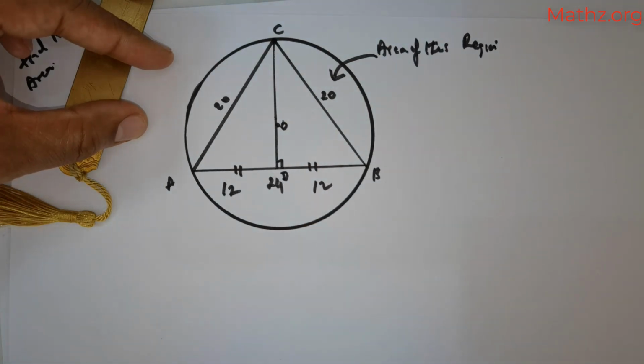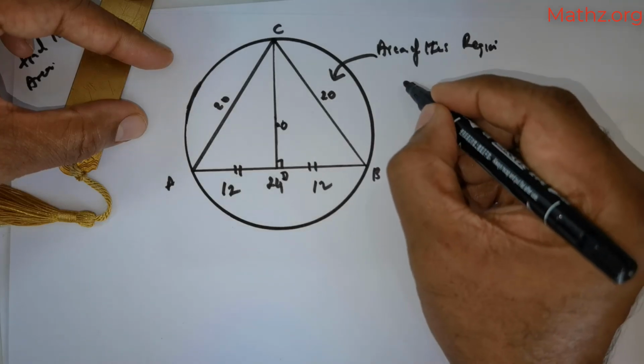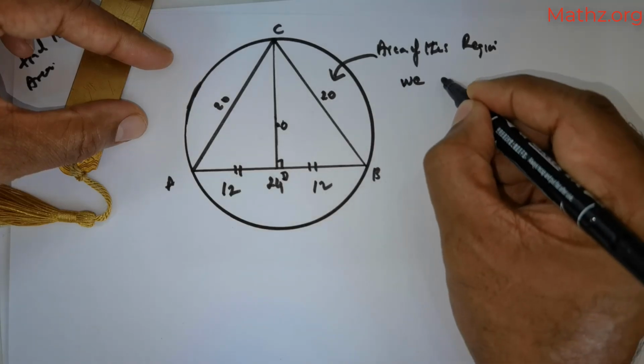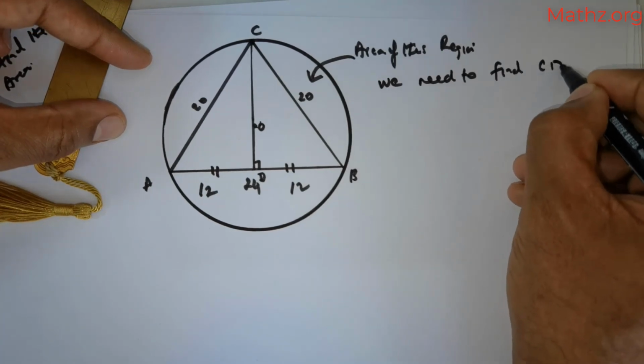We have to find the radius of the circle. Foremost, we need to get the radius of the circle. Before we could get the radius, we need to get CD.